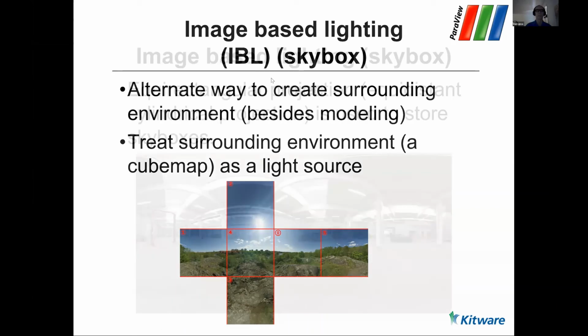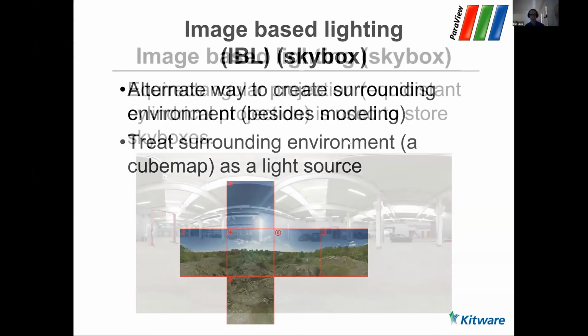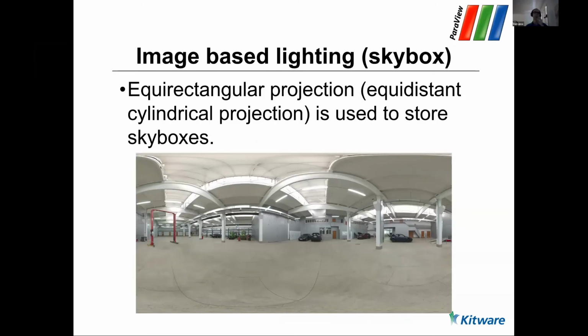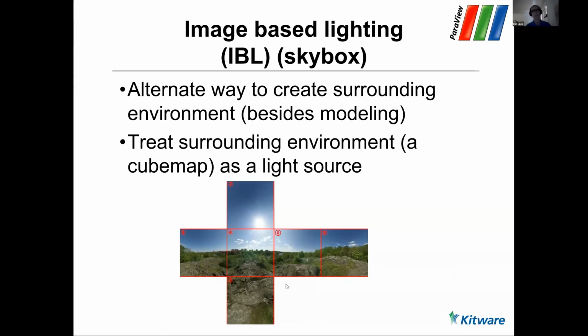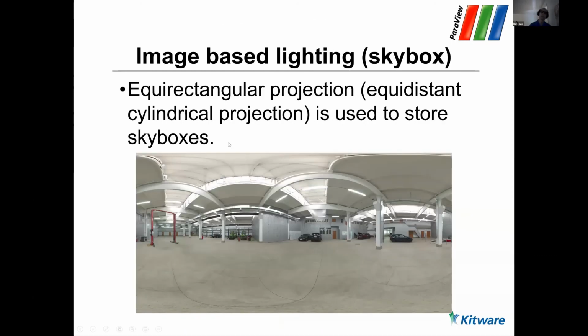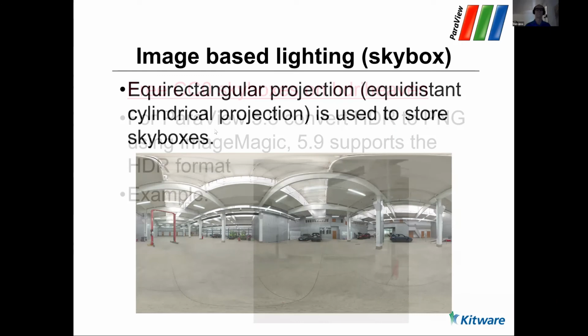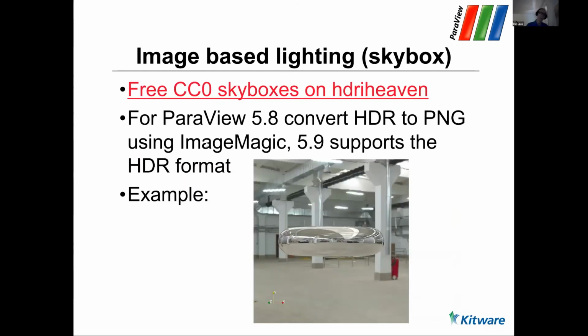So this is how these images look if you load them into an image editor. They don't look like these 6 squares because they are packed using this equi-rectangular projection. So this is done to save space. Yep, so the latest version of ParaView supports HDR format as well.